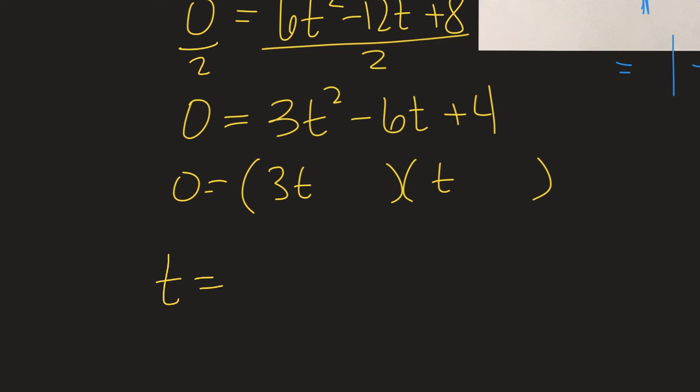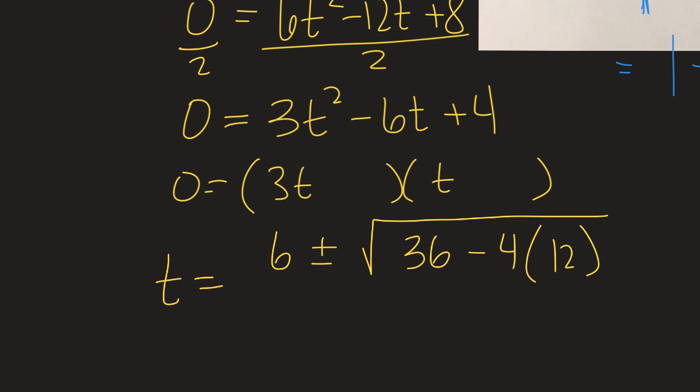So I need to do the quadratic formula in order to figure out where this is going to stop. So here is a part of your quadratic formula. This is my 6 squared. My 6 squared is 36 minus 4 times a times c.